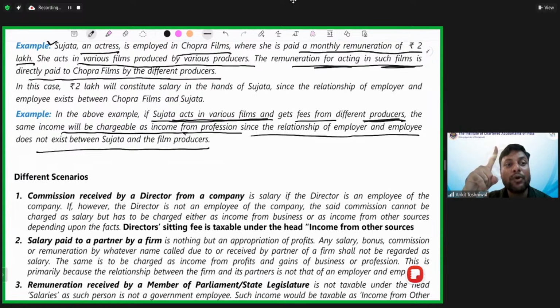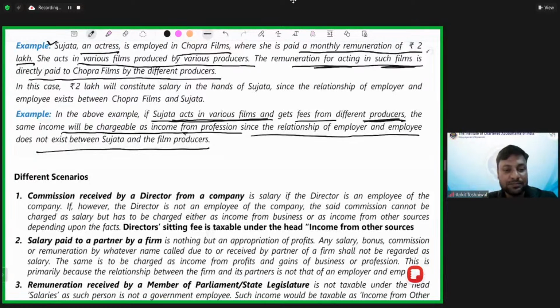If the director is an employee, it is an executive director. If the director is an employee, then the salary in the capacity of employee is taxable under the head salary. But if he is not an employee, then all the remuneration received by him is taxable under the head business or profession, or other sources.